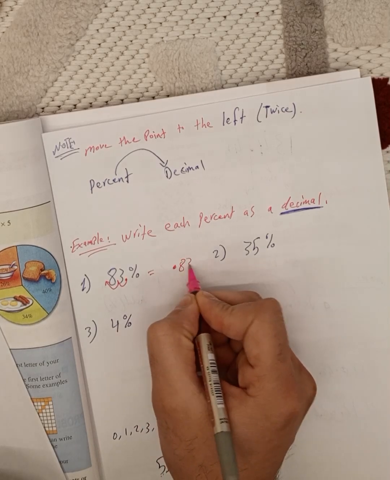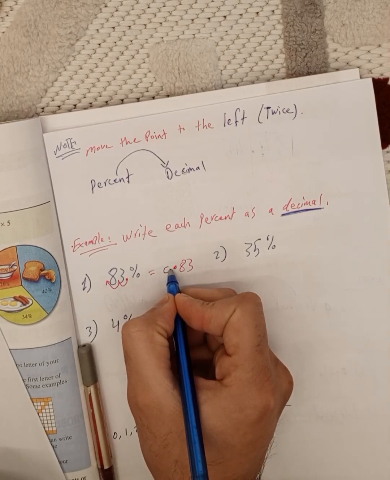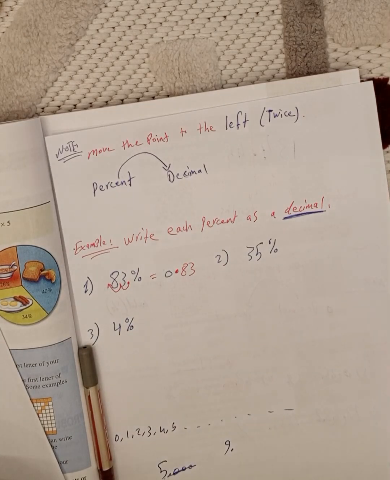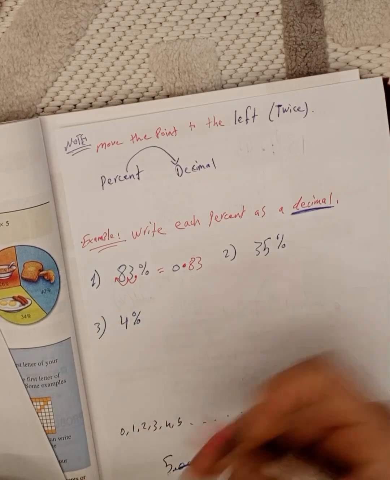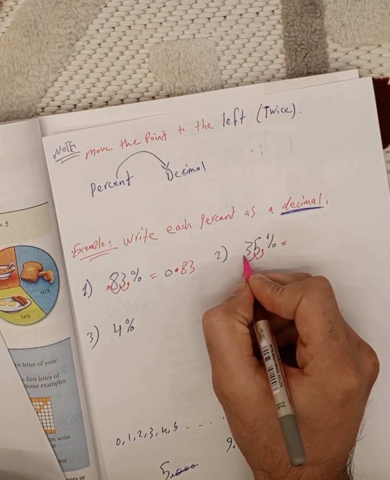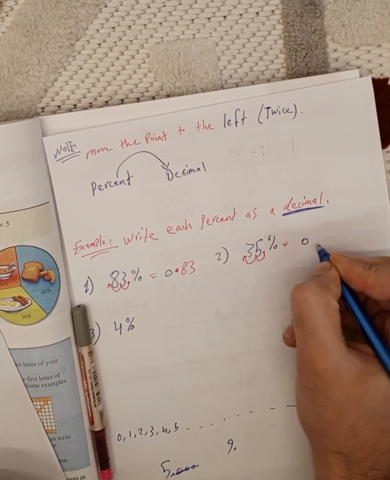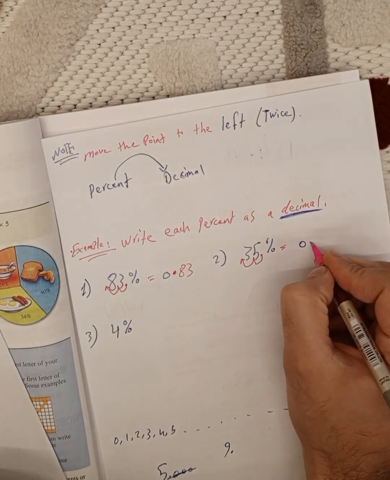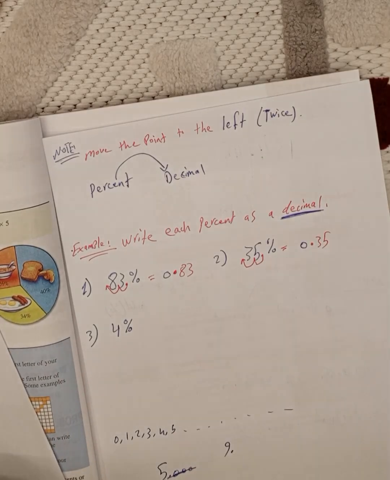It's 0.83, so you have to add a 0 because it's counted here. It's 83 hundredths. This one is the same. The point is at the end. 1, 2. It's going to be 0.35, 35 hundredths.